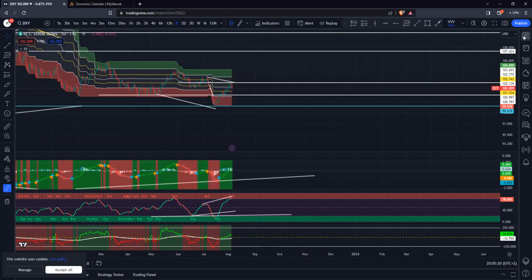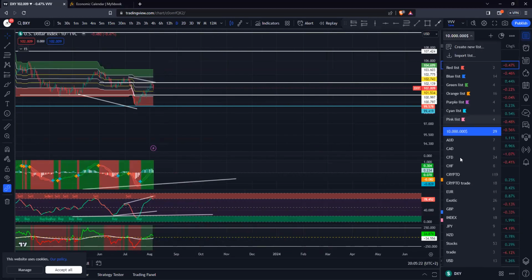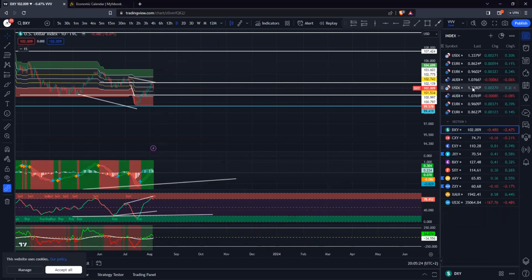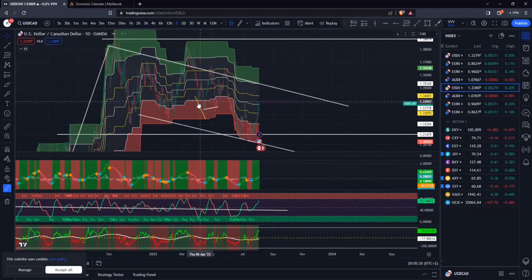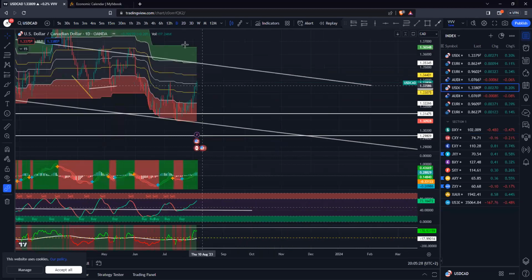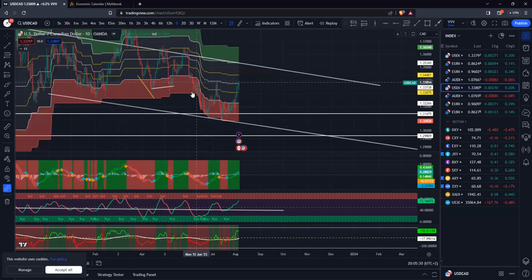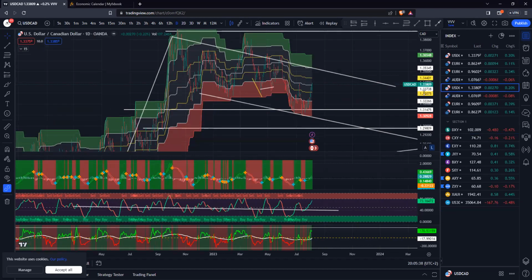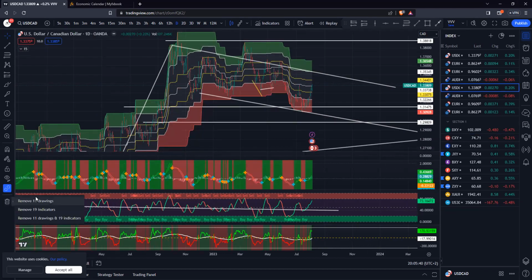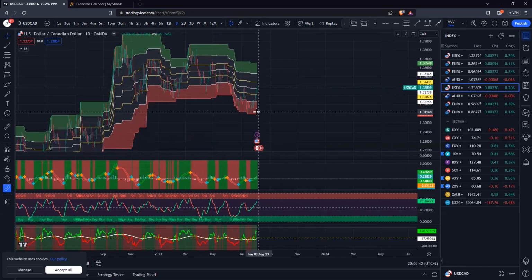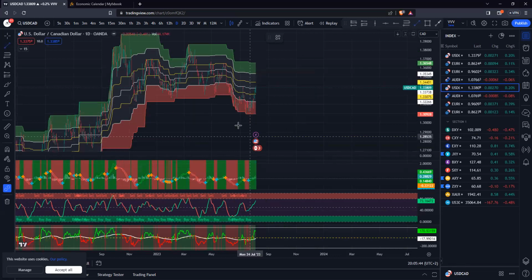Let's start like usually with the USD Canadian dollar. As always, what we are seeing right now was a divergence movement. I'm gonna just clear things up like that and focus here and now.